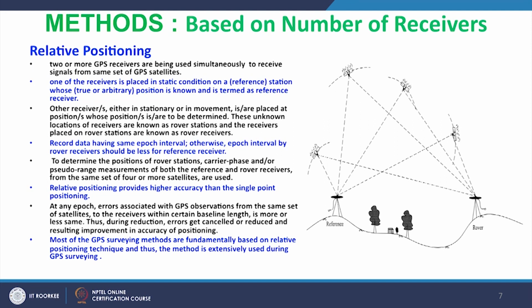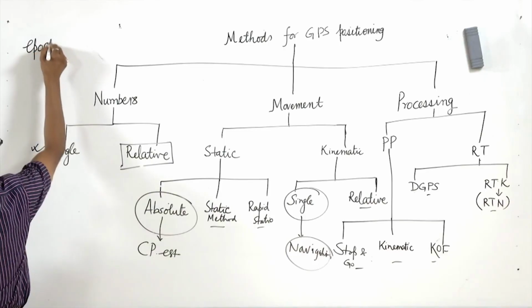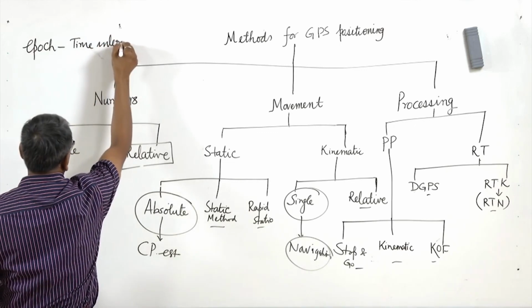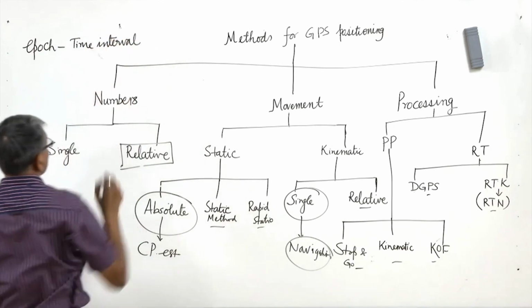What is epoch? Epoch means interval, the time interval in which the signal will be received.